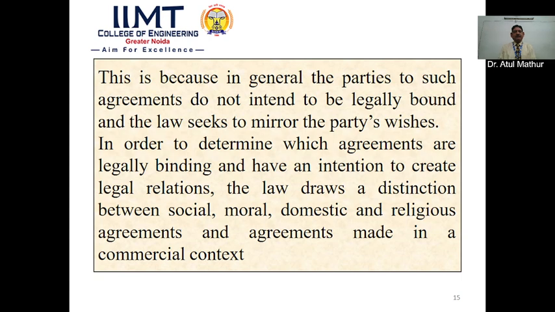This is because, in general, the parties to such agreements do not intend to be legally bound, and the law seeks to mirror the parties' wishes. In order to determine which agreements are legally binding and have an intention to create a legal relation, the law draws distinctions between social, moral, domestic and religious agreements and agreements made in a commercial context.